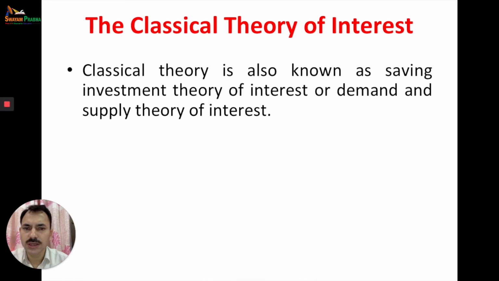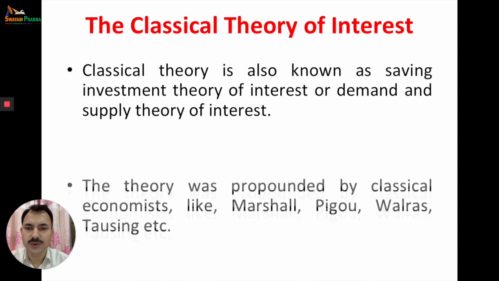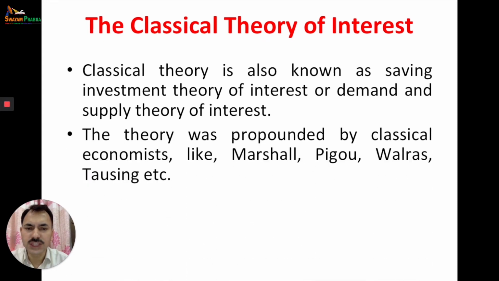The classical theory is also known as the saving investment theory of interest, or the demand and supply theory of interest. This theory was propounded by classical economists like Marshall, Pigou, Walras, Taussig.